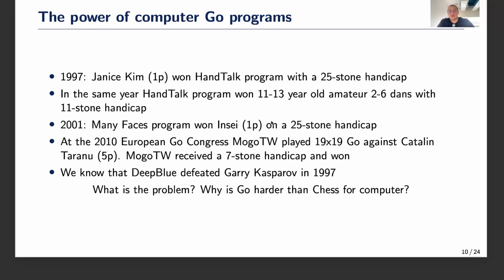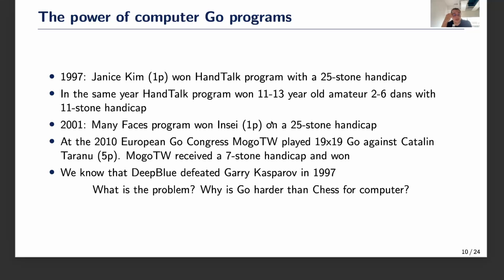Now let's take a closer look at how strong or weak Go programs were up until the deep learning revolution. Here we can see some key moments in the evolution of computer Go performance.